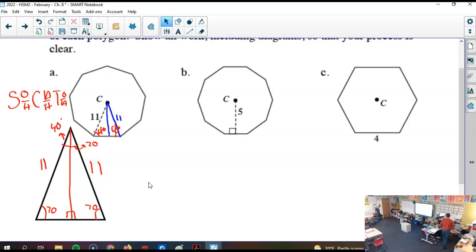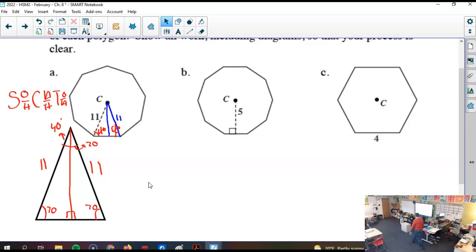And give it a radius of 11, right? It's a radius because it goes out to that vertex. So I'll give you guys a second to get set up and going. I might actually do this on paper as well because it's kind of hard to do up on the board.